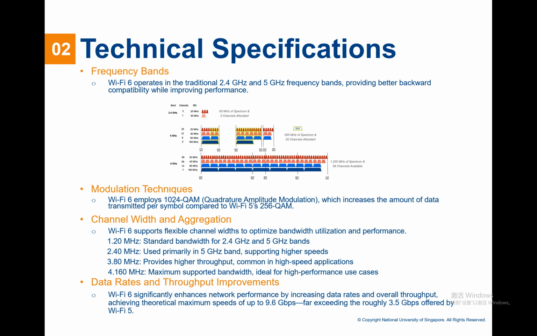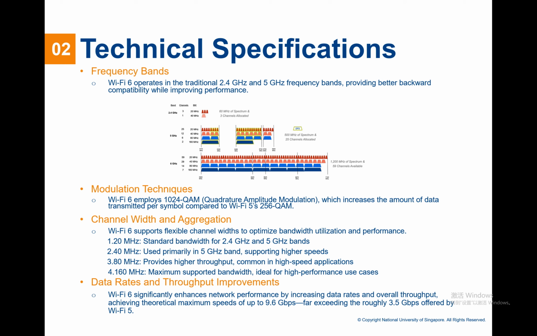Number 2 for 40 MHz used primarily in 5 GHz band, supporting higher speeds. Number 3 for 80 MHz provides higher throughput, common in high-speed applications. Number 4 for 160 MHz maximum supported bandwidth, ideal for high-performance use cases.